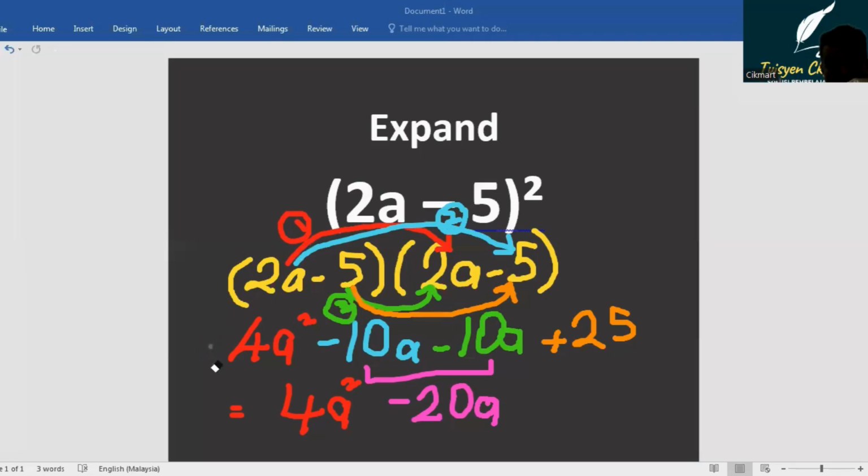Maybe the equals cannot be in red because they are different things, not related, they just sign here. And lastly, the positive 25, bring it down here. And that is it, you got it now. 4a squared minus 20a plus 25 is the answer.